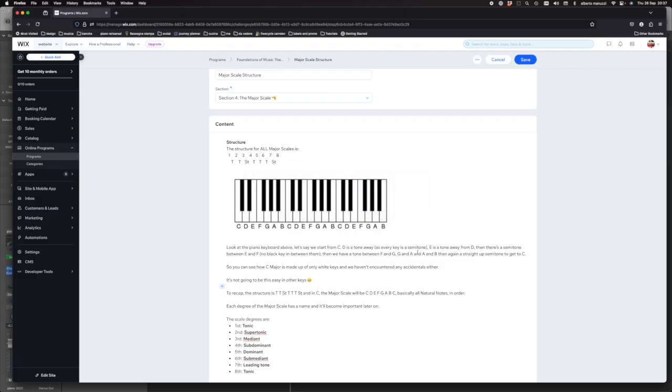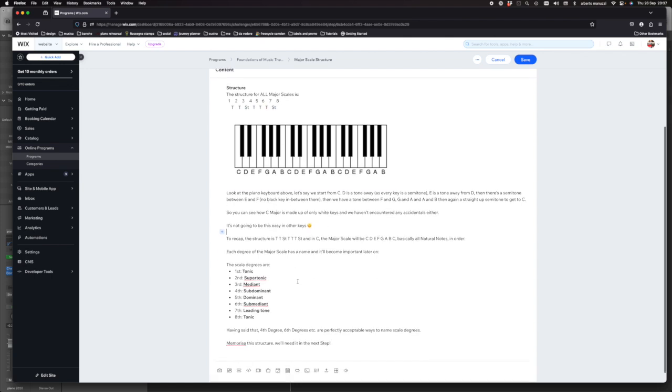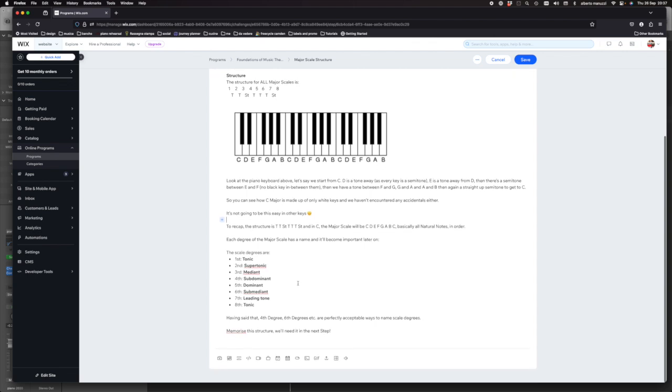Okay, now this is it. At a fundamental level, this is the structure of the major scale. We have to absolutely memorize that and keep that in mind for the rest of our lives. Now, it's not going to be this easy in other keys, right?